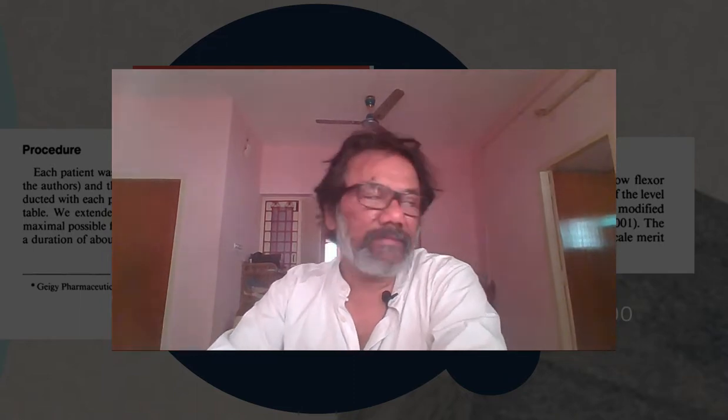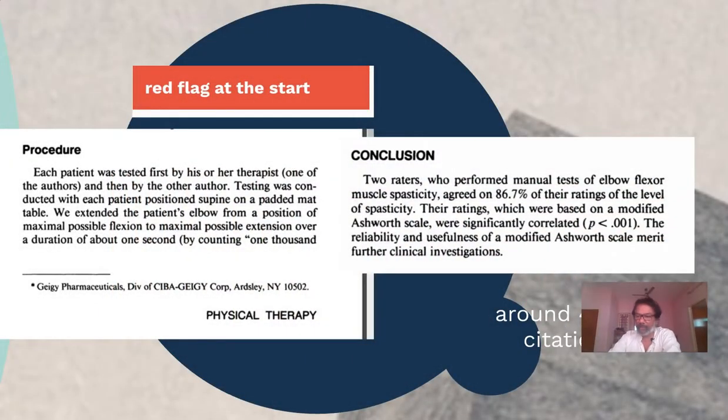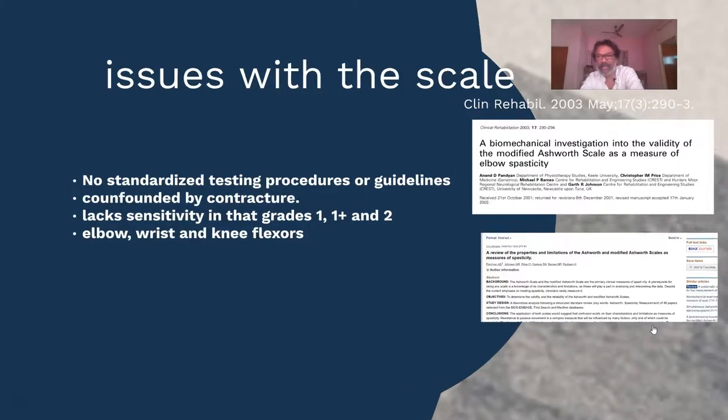It seems to be slightly flawed to just do it in the elbow, but they have done it. That is not the problem. The problem is people use it for all the joints, and it is one of the highest cited articles, right? It's cited 4,000 times or more in Google, and probably around 3,700, something like that, in journals. Right.